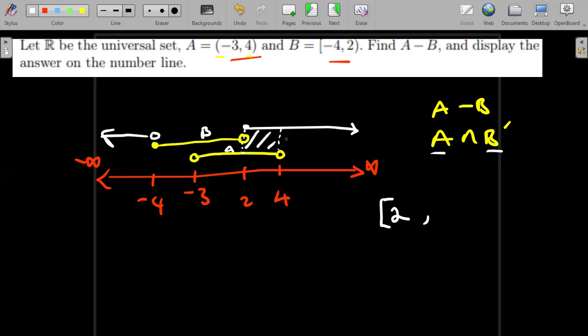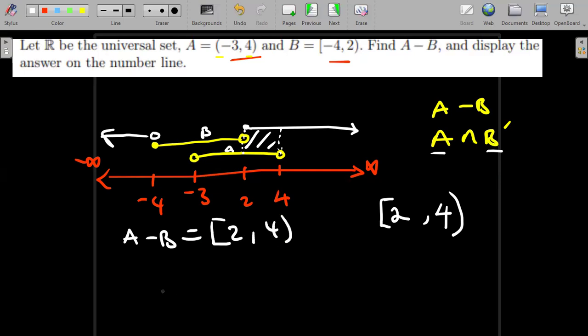Then we're saying it's going all the way here. So 4 is in B complement, but 4 is not in the set A because it's open at 4 there, meaning it can't intersect at that exact point, which means it's going to be open at 4. So A minus B is just equal to this here, like that.